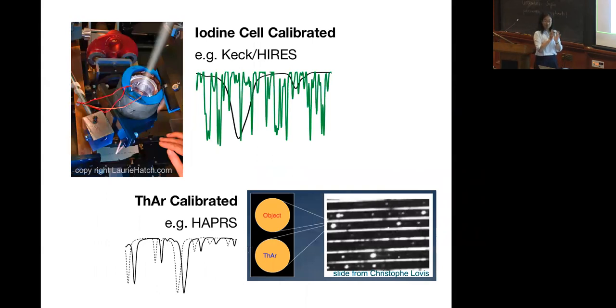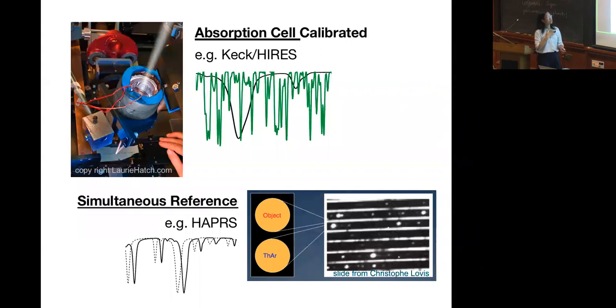But these days, the field has evolved. So you may still hear a lot about iodine-cell calibrated and thorium-argon calibrated these days, because the most active ones are still using those 2 major calibration sources. But we now have lots of new types of instruments. So now broadly, they're roughly called absorption cell calibrated spectrographs and also simultaneous reference spectrographs.